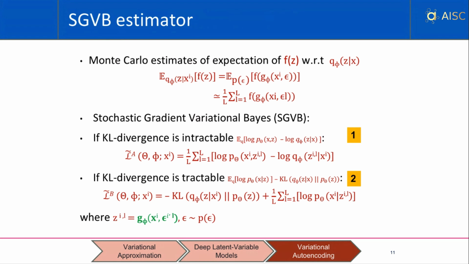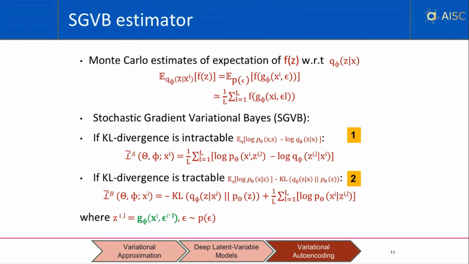Actually, I have to minimize. What was it? Okay, it's the difference. The lower bound should be maximized, and you minimize the KL divergence. The KL divergence should be minimized, so the lower bound should be maximized.